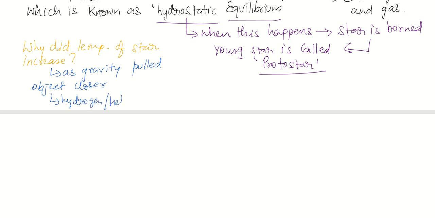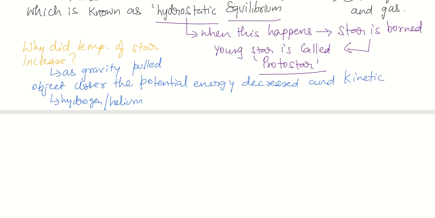Hydrogen or helium, all those stuff. Closer, the potential energy decreased, and kinetic energy increased. Hence, the temperature also increased. Okay, that's how the temperature of a star increased.